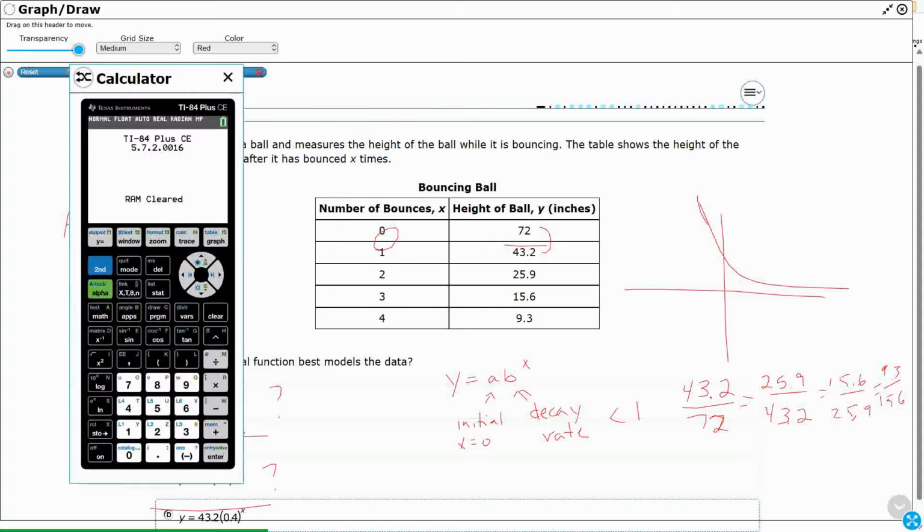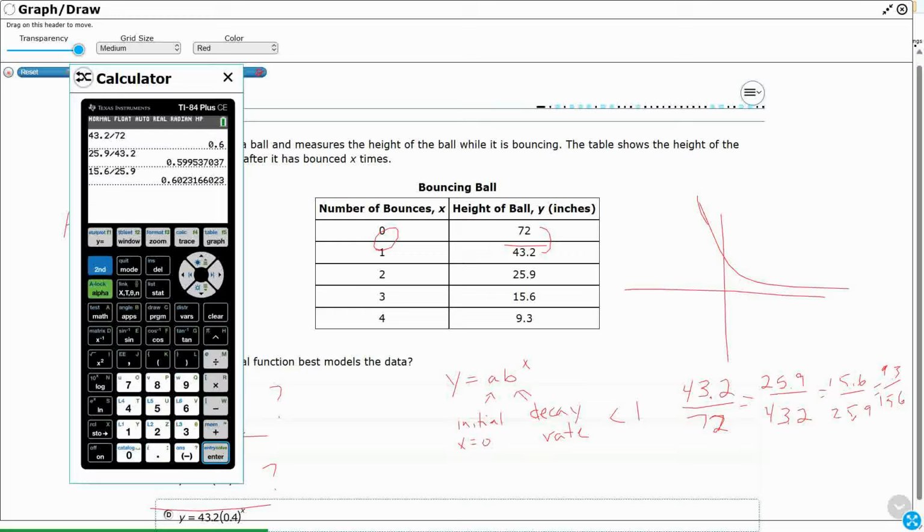Let's make sure we've got 43.2 divided by 72. It looks like it's 0.6, but let's keep trying. 25.9 divided by 43.2. All right, you see how that turns into that 0.6 if you round, okay? 15.6 divided by 25.9, 0.6.